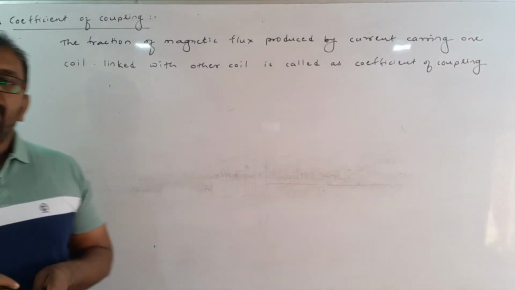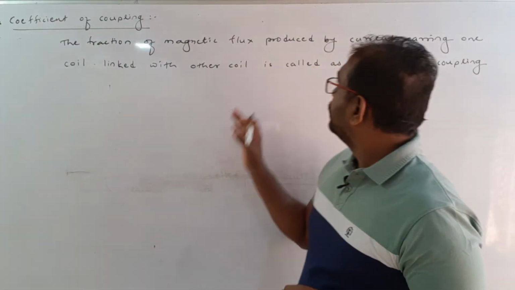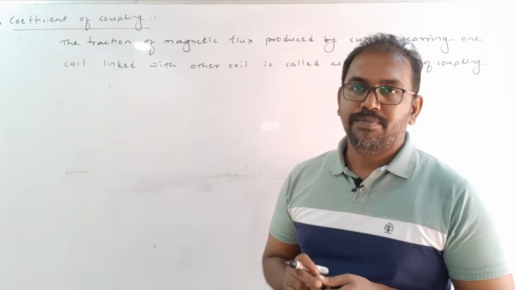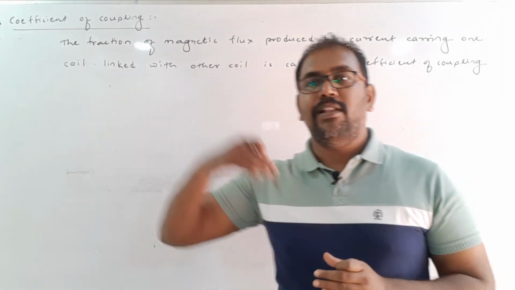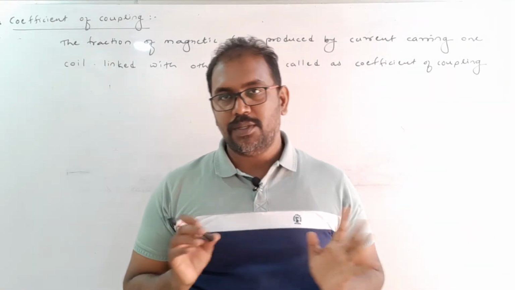So pay attention here. When the current is passed through one coil, magnetic flux is produced by that coil. How much of the magnetic flux of one coil is linked to the other coil is the coefficient of coupling.